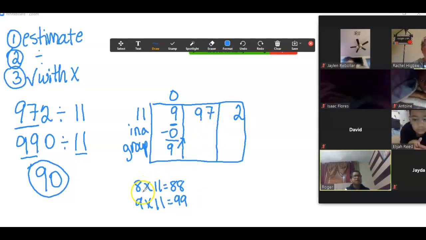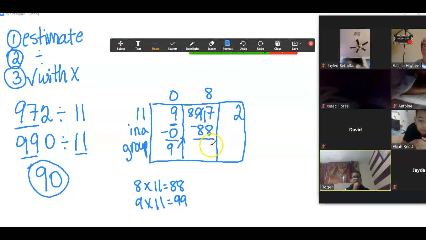So I want to back it up to the 8 groups. Okay, so then I take away my 88. So I have to regroup. What's 17 minus 8? 9, good. Okay, then I bring over my 9.